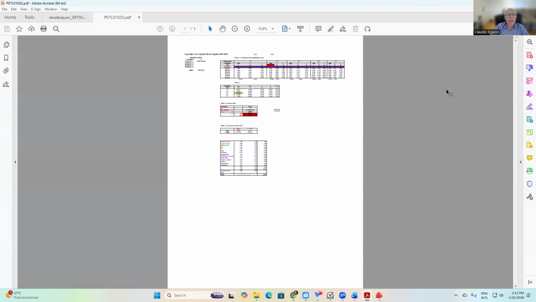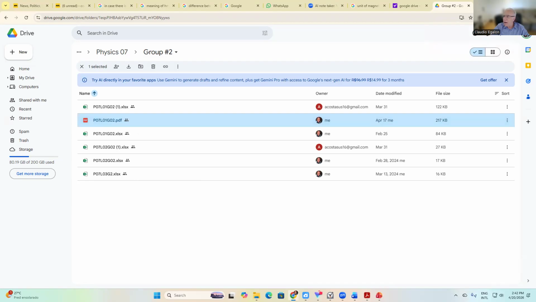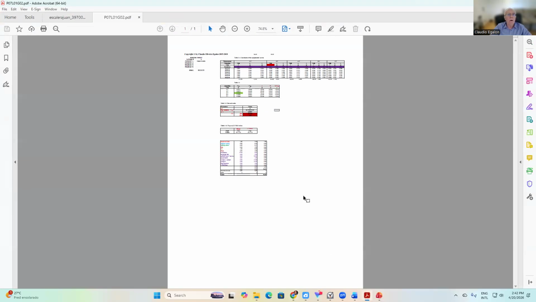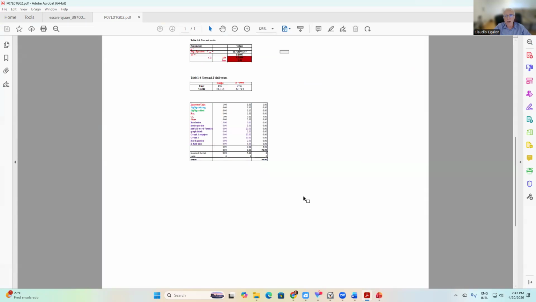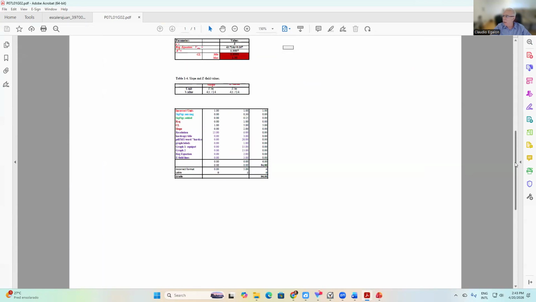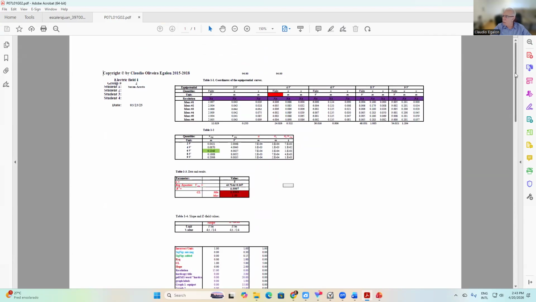If I open the document, everybody's gonna see your grade here. Can I do that? Oh, it's fine. Okay, so here you go. Here is the spreadsheet. Here's the document that you're supposed to visualize in PDF. Do you have Adobe Reader installed in your computer? Can you see something like that? Here you go. I'm going to zoom in. Can you see something like that in your computer? You see it now, right?